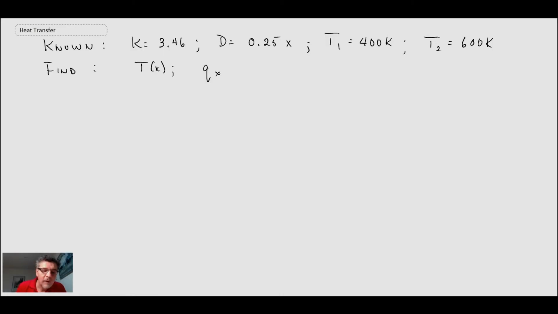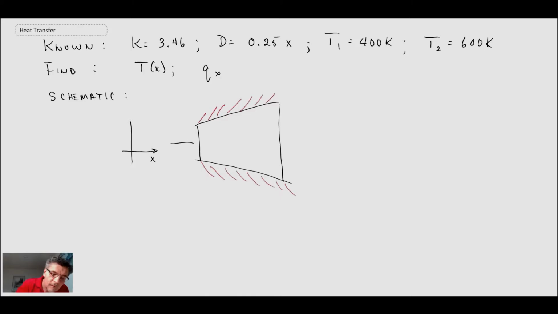Okay, so that's what we know and what we're looking for, and our schematic. And I won't put it in 3 dimensions this time. Okay, so that is the schematic.